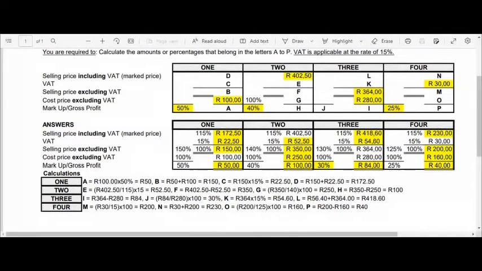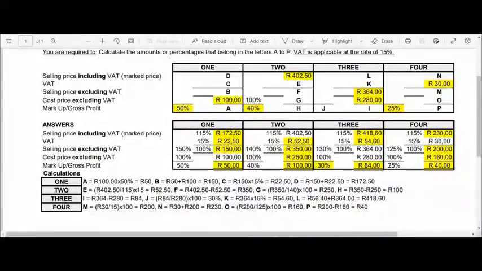What we have is the 115. That 402 rand 50 represents a factor of 115 because it includes the tax. Yes, now we want the 15, ladies and gentlemen.